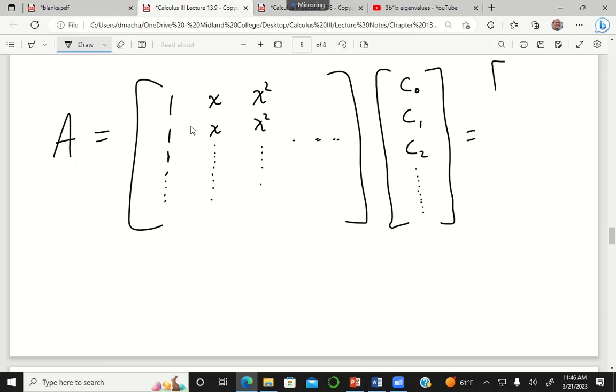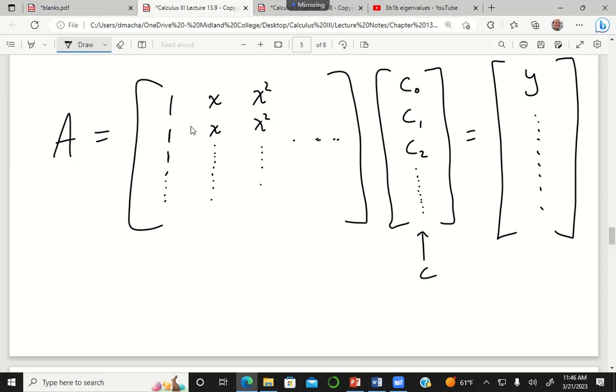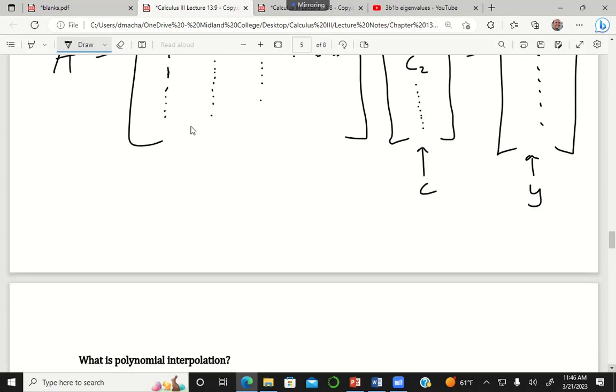And this is the vector with all of my y values. So the matrix I'm calling A, this vector I'm going to call C, and this vector I'm going to call y. The solution to the interpolating problem is C equals A inverse times y.